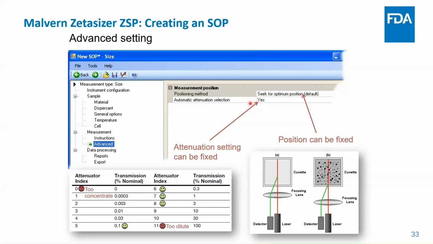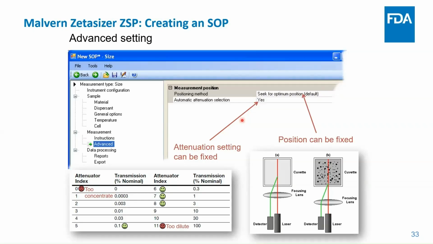Again, if the amount of light the detector is seeing is too high, the system will do 2 things. It will move the measurement angle closer to the cuvette wall, or it will decrease the attenuator index, which is a little backwards because it increases the attenuation of the laser, which means it's filtering out some portion of the intensity of the laser going into the system.